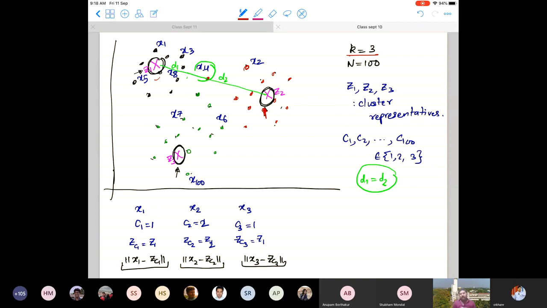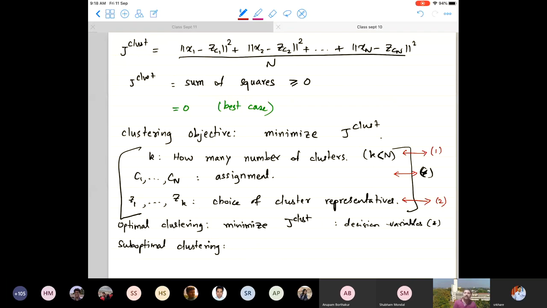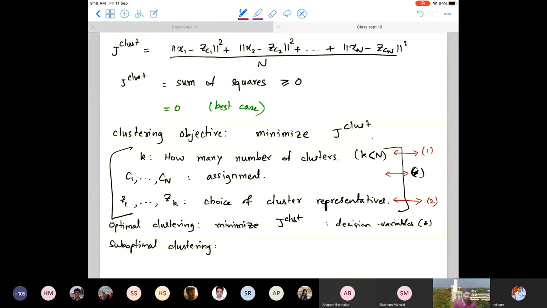What do I mean by the best possible choice? I want to minimize this J_clust objective, I want to minimize this distance. In this case K is equal to 3 for the sake of understanding, Z1, Z2, Z3 is already known, and I want to minimize this sum of squares. Now if you look at this sum of squares carefully, you see each of these terms.